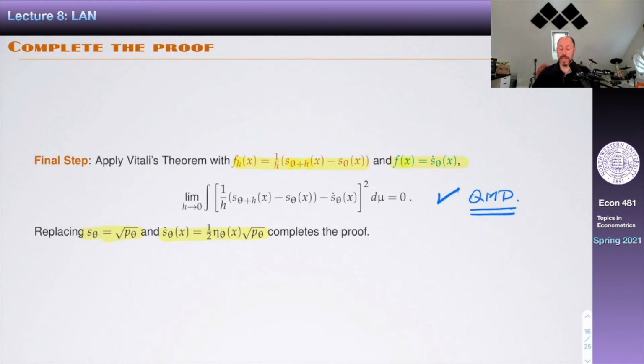I mean, the lemma is really useful, but it also gives you an idea on how you actually can get this by simply using some form of pointwise convergence that is given by the continuous differentiability, and that the same object is giving you this convergence theorem for integrals. Okay. And so you put the pieces together and you get QMD, which in turn gives you local asymptotic normality, which in turn allows us to use Le Cam's third lemma. Okay.